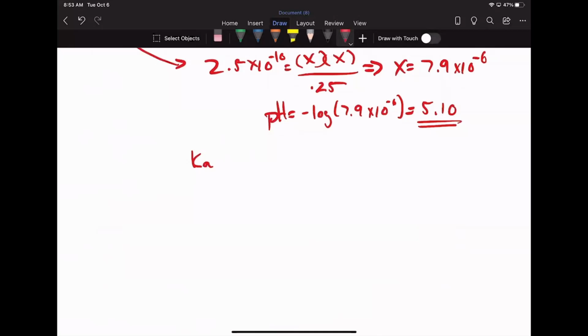just a little bit of review here. pX is equal to the negative log of x. pH is equal to the negative log of H. So the pKa is equal to the negative log of what?